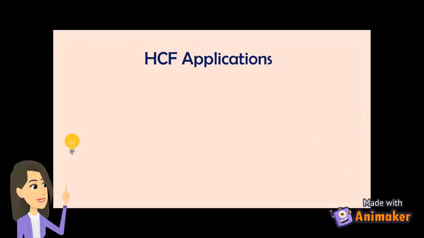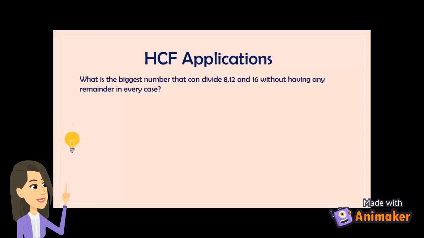Let's go on to some HCF applications here. Now these are the kind of problem sums that you might encounter. What is the biggest number that can divide 8, 12 and 16 without having any remainder in every case? So you have to find that biggest number, but it has to be also common.